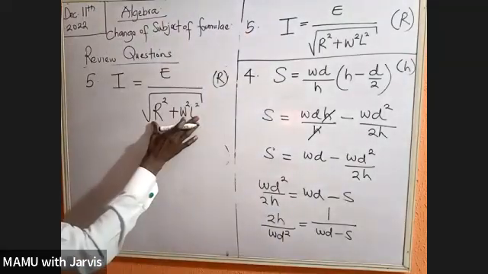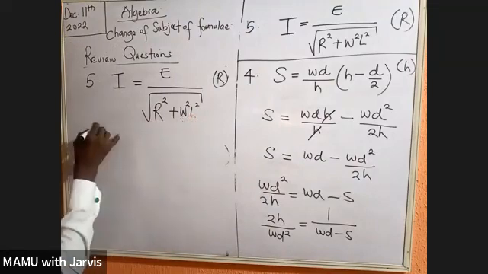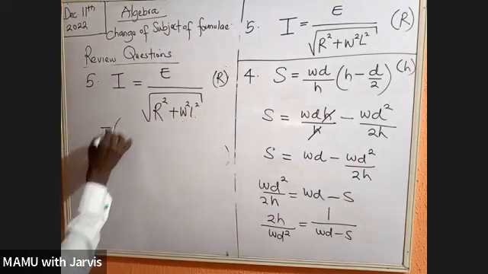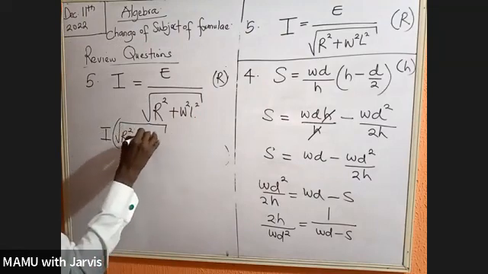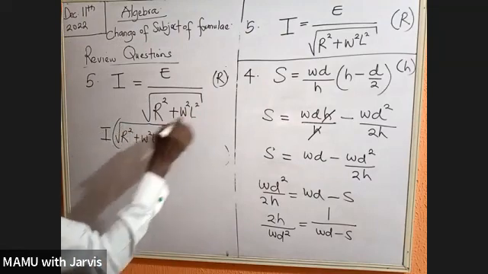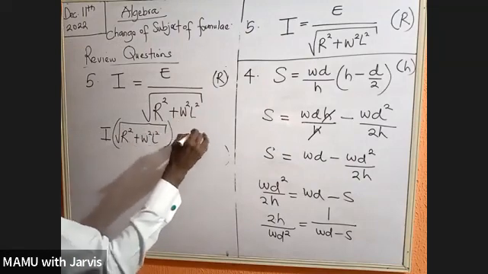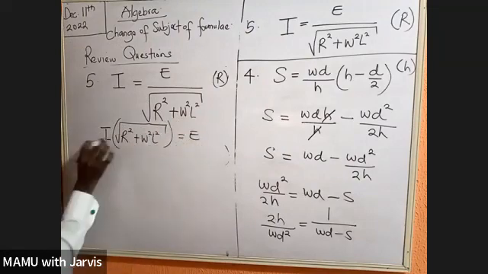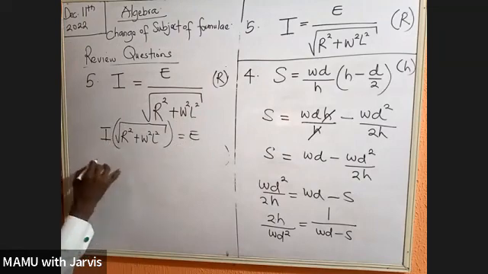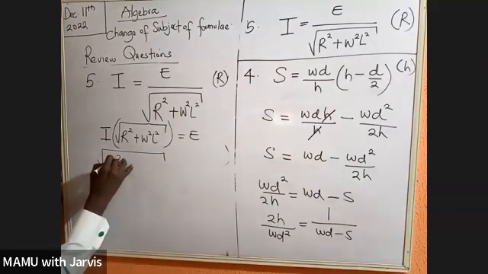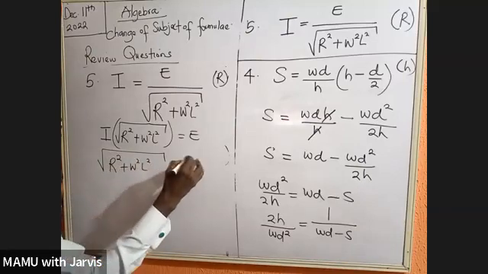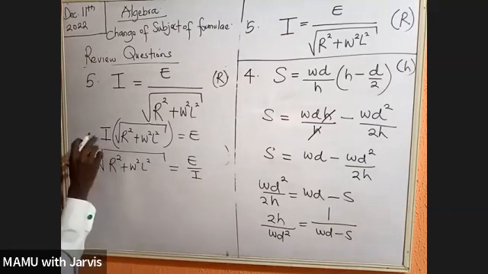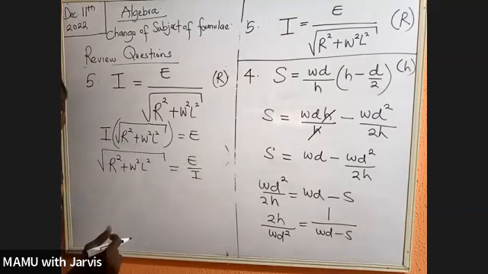So the first thing you want to do is to deal with this part. I into the square root of r squared plus w squared L squared equal to E. So I don't need I, so I'm going to have the square root of r squared plus w squared L squared being equal to E over I, because if this is multiplying on the left-hand side, we would expect it to do the division thing.